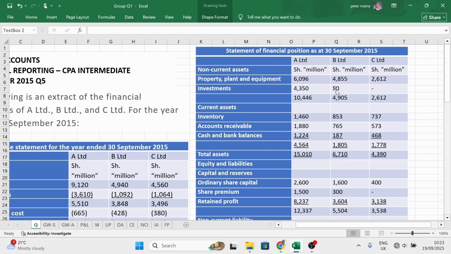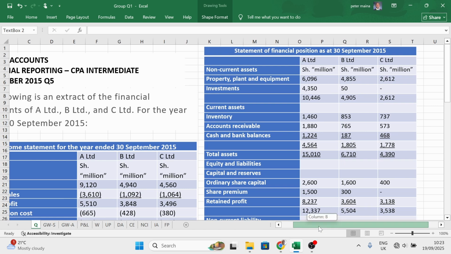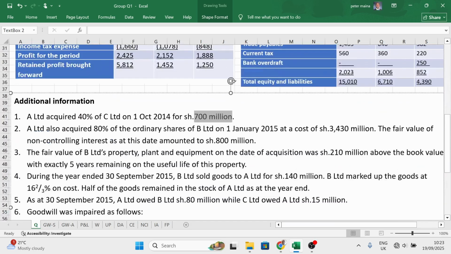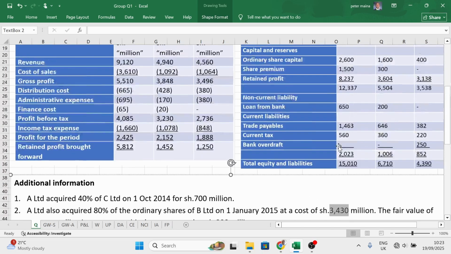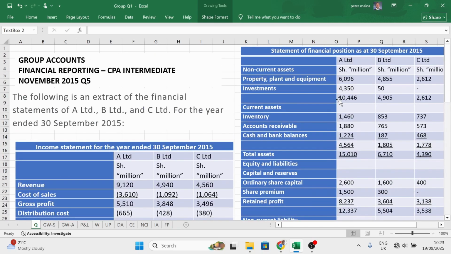The cost of investing in B Limited is given in the additional information number 2. It was 3430. The cost of investing in C Limited was 700. So these two figures have been included in this amount 4350 in the parent's column.